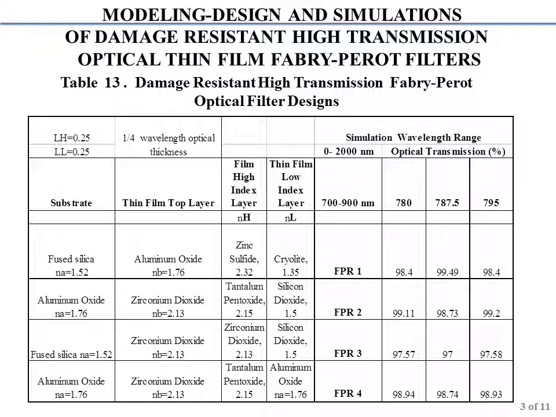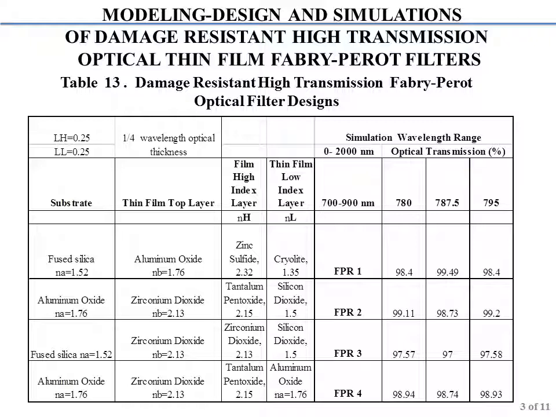And in the case of the substrate being aluminum oxide, zirconium dioxide, tantalum pentoxide being the high, and the aluminum oxide being the low index material, we have Fabry Perot filter 4, and as you can see, we can get very high transmission above 98% within the range of the DPAL pump input and output beams.